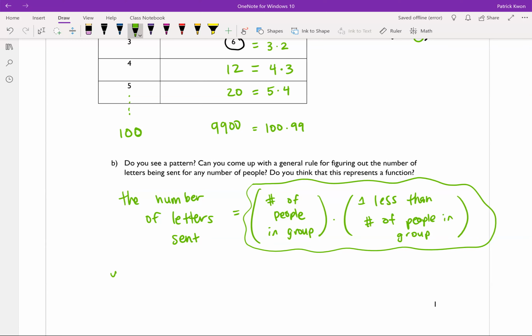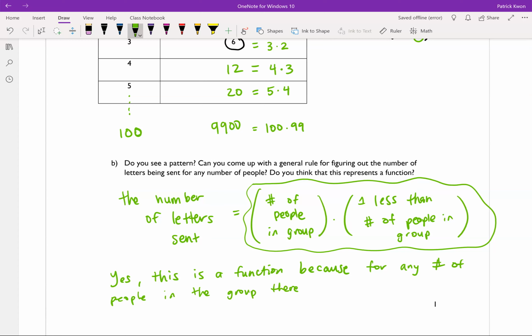And so we say, yes, this is a function, because for any number of people in the group, there will be exactly one amount of letters sent.